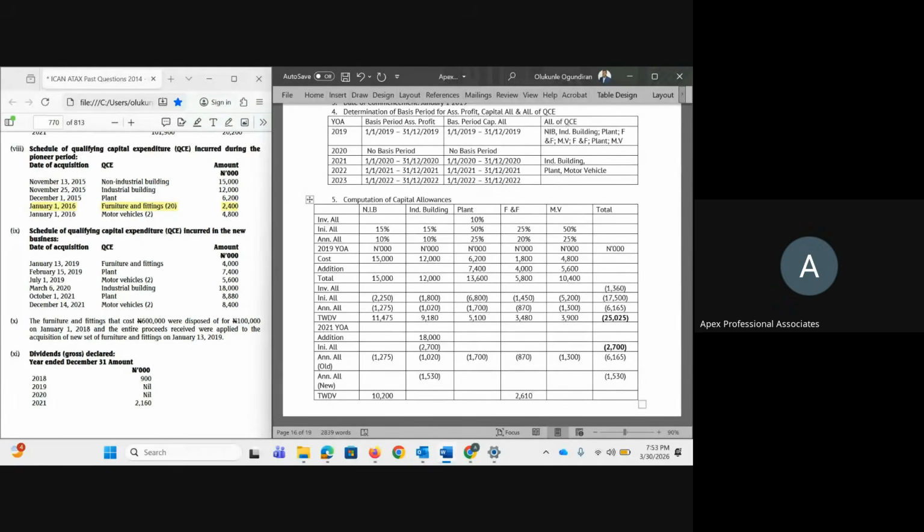Your motor vehicle 2,600. Plant 1,700. For plant 3,400. The lady that was very fast, that's Barakat.